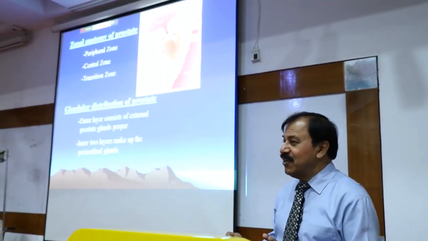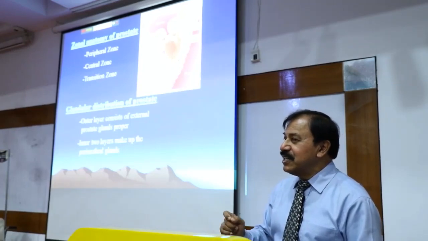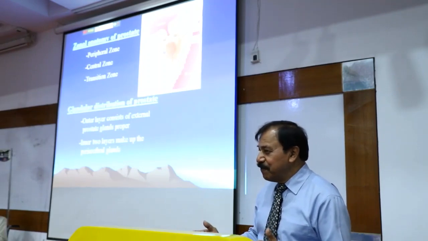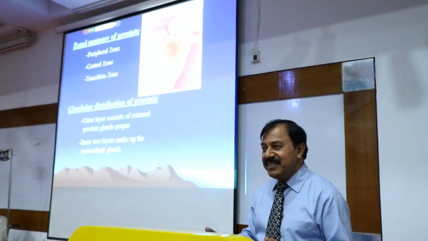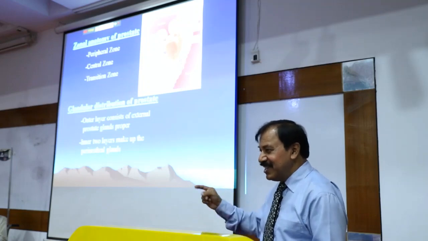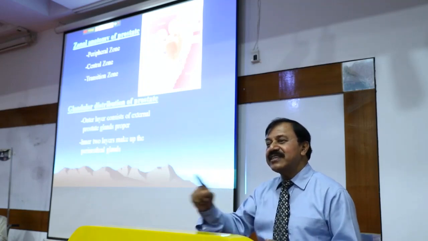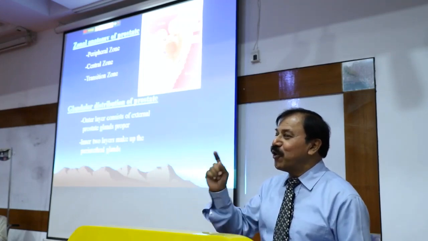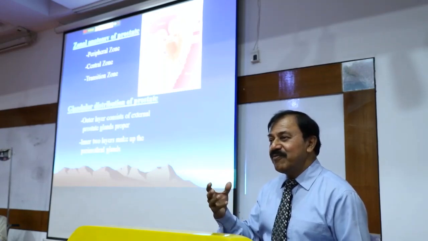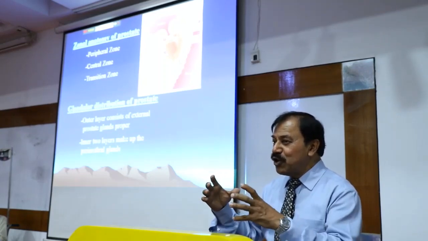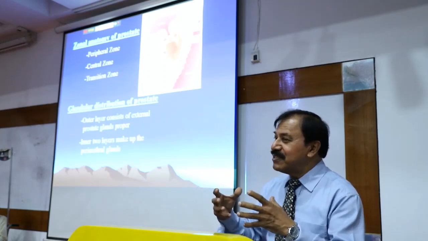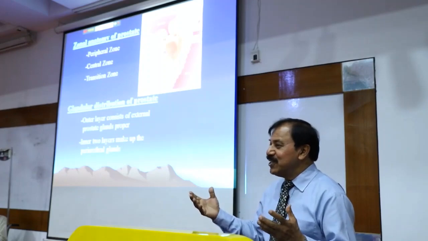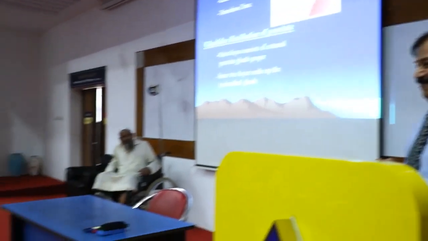If anybody asks where the incidence of cancer of the prostate is more common, the answer is the peripheral zone. BPH is more common in the transitional zone, which encircles the urethra. As BPH occurs in the transitional zone, when the prostate enlarges, the portion surrounding the urethra causes more obstructive features. In case of malignancy, as it is in the peripheral zone, obstructive features are not that common.